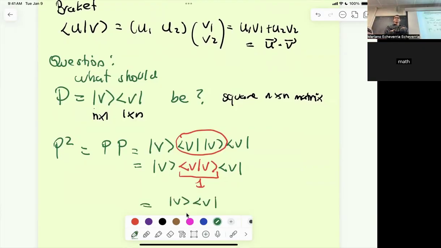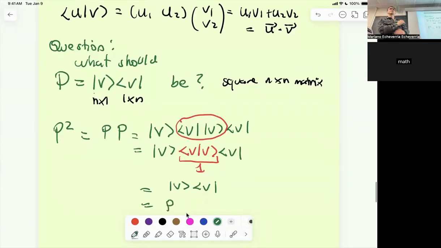But what is that? That's P again, right? So P squared equals P, right? That is a projection matrix, actually. So this is a projection matrix. It's an idempotent. So if you have ever worked with Boolean variables, like x, well, 0 and 1, right?